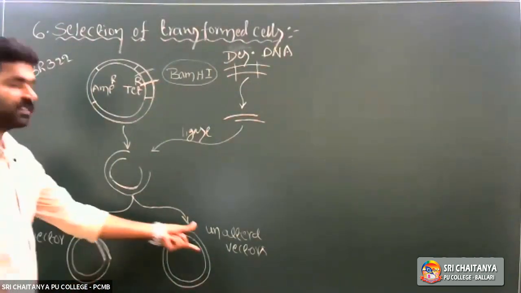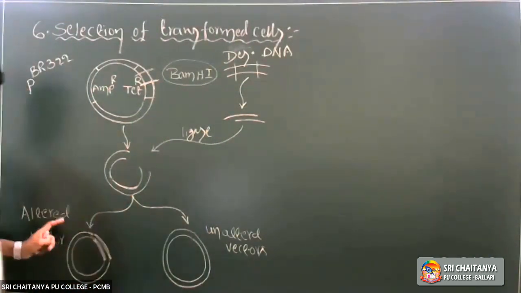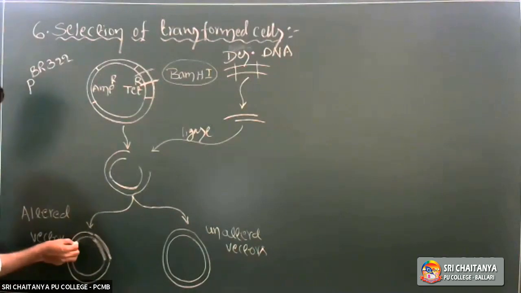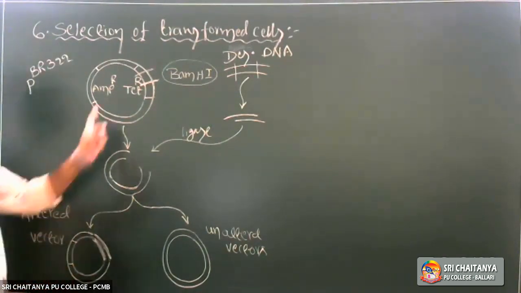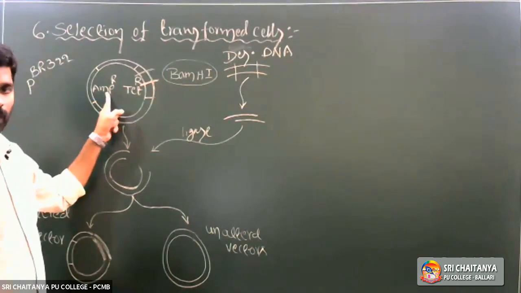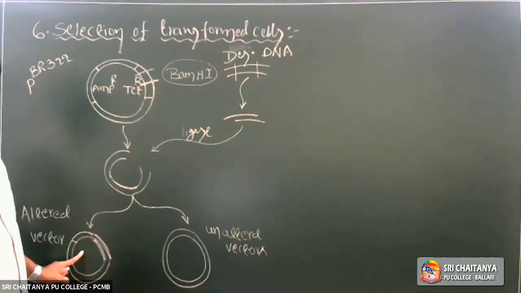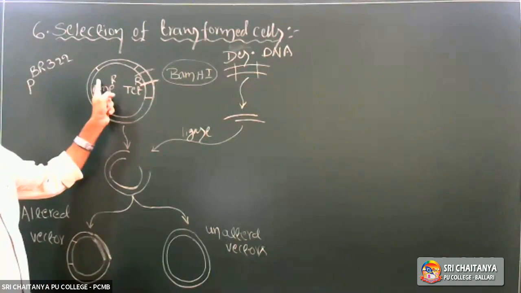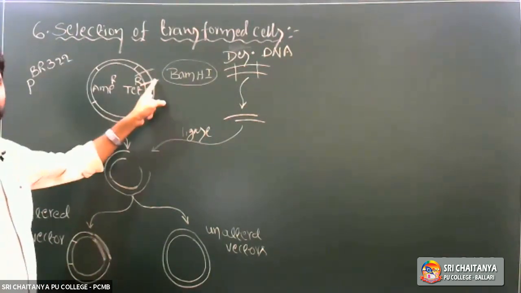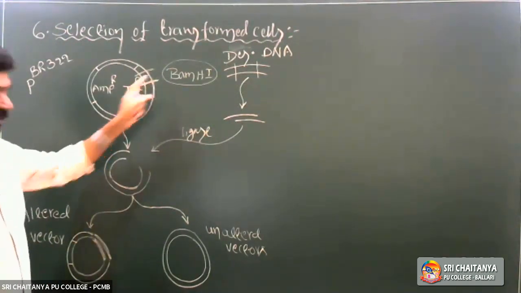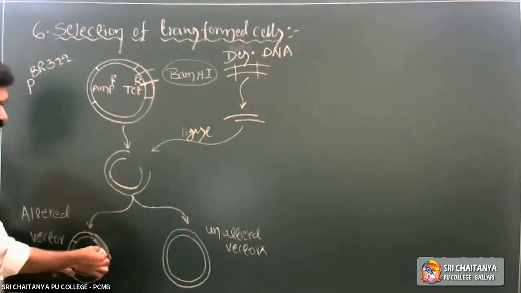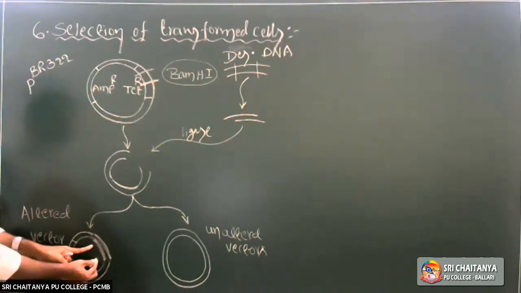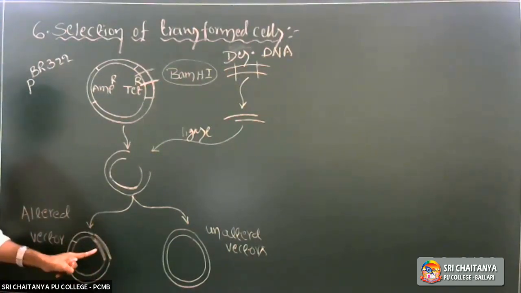So now come to here. How many types of vectors are formed? Two types, altered and unaltered vectors. Now tell me, altered vectors are resistant to only the ampicillin antibiotic. Sir, why not tetracycline? Because of the insertion of foreign DNA, the tetracycline resistance gene is inactivated.